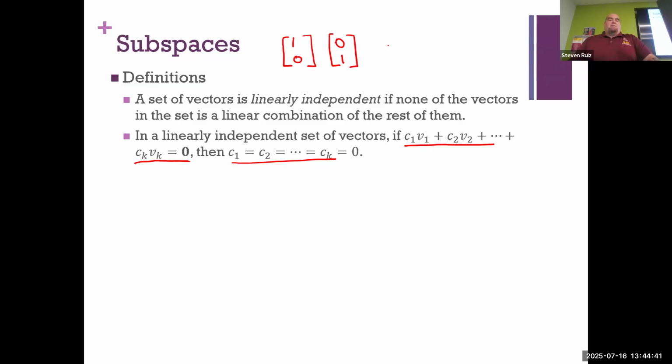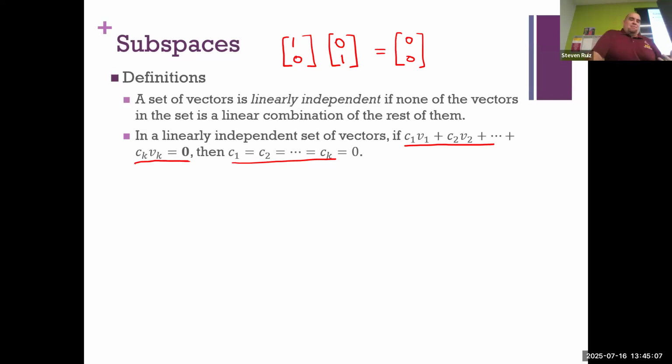Is it possible to add some combination of these to get 0, 0? There's exactly one way: just make them both 0. But if I make this first one 1, there's nothing in this first row to cancel out the 1 that I have. So you're stuck. That's what linearly independent is.